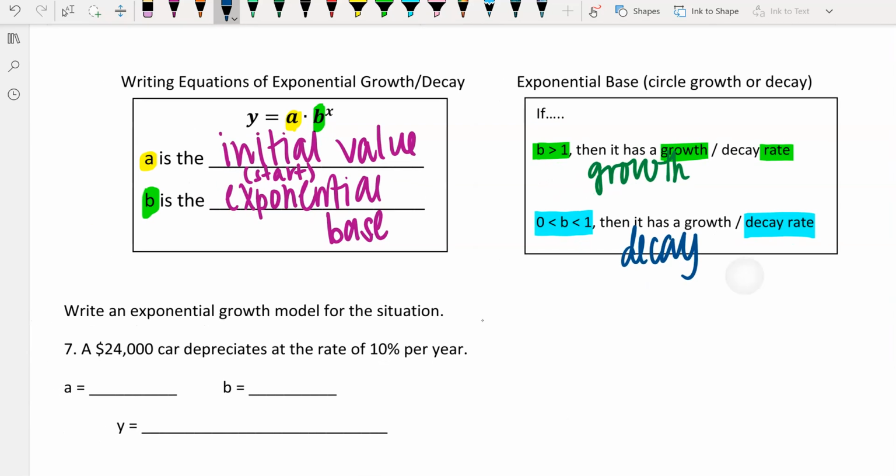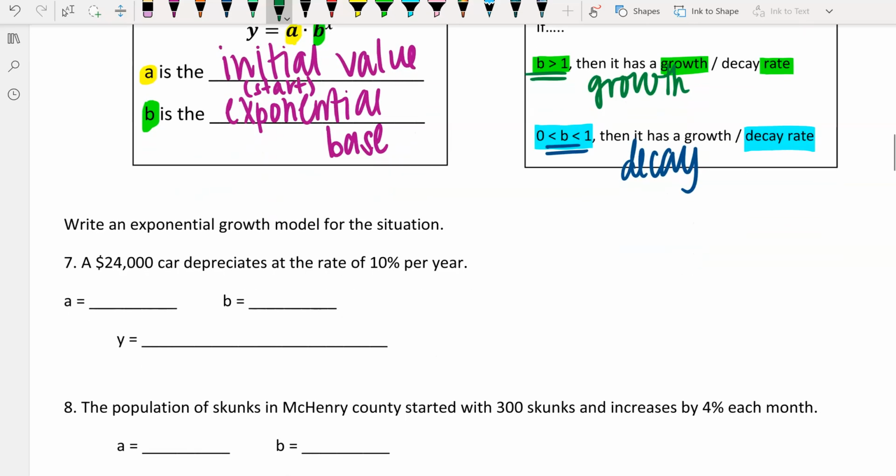So keep in mind that these properties that we talked about at the very beginning of this unit still apply. So we're going to use this idea to help us write an equation given a word problem. Write an exponential growth model for the situation.